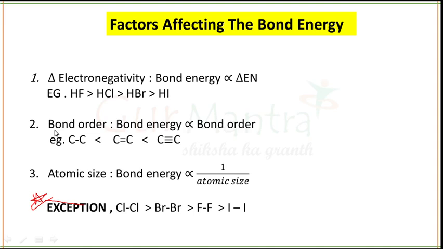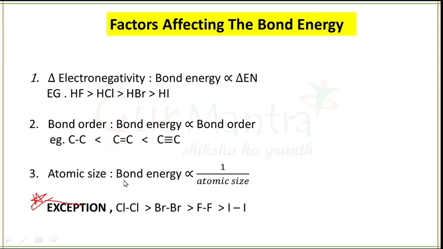Next is bond order. Bond energy is directly proportional to the bond order. As the number of bonds increases, bond energy will increase. For example, in the case of a triple bond, there are 3 bonds, so the bond energy will be maximum, while where a single bond is present, the bond energy will be minimum.